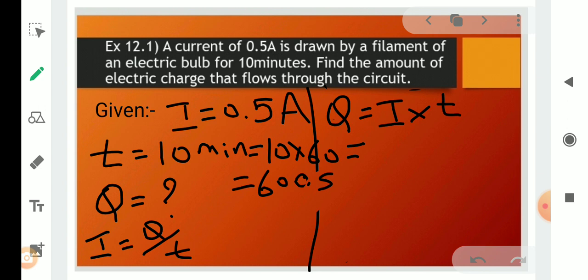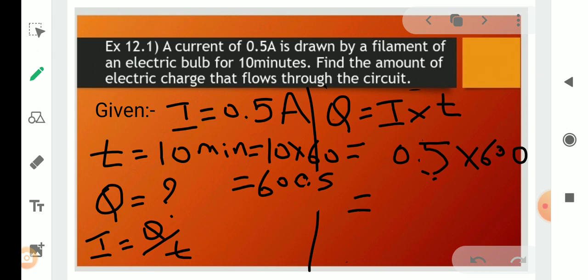What is current I? I is equal to 0.5 ampere into time is 600.